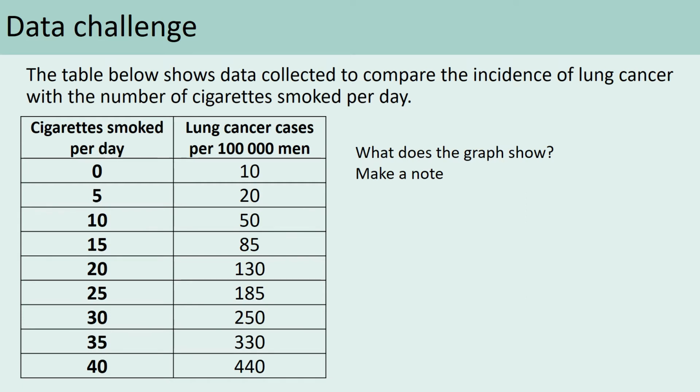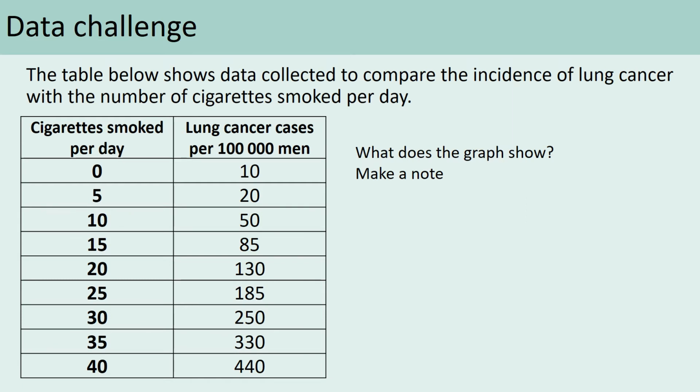Okay, so if you are asked to talk about data, most of the time, in fact all of the time in your exams, the first column, the left-hand side column, will be what is changing, your independent variable. We can see that in the first column the numbers get bigger as they go down. On the right-hand side will be your dependent variable.